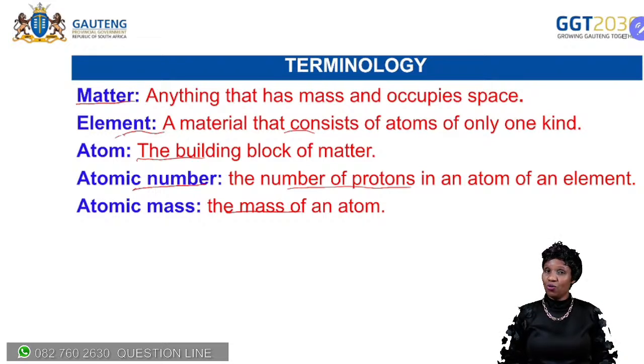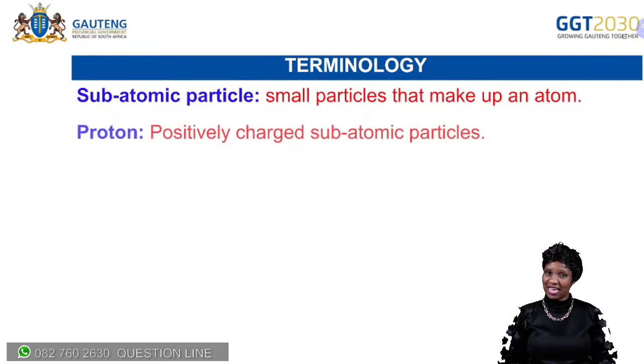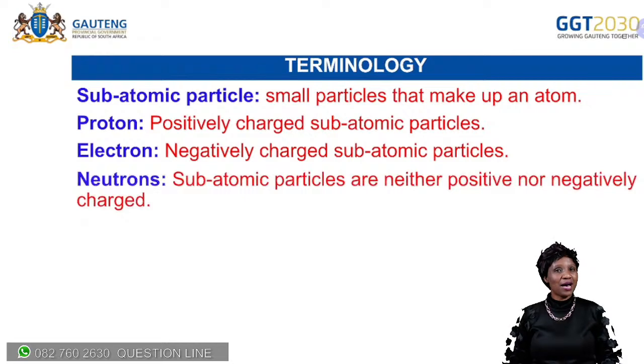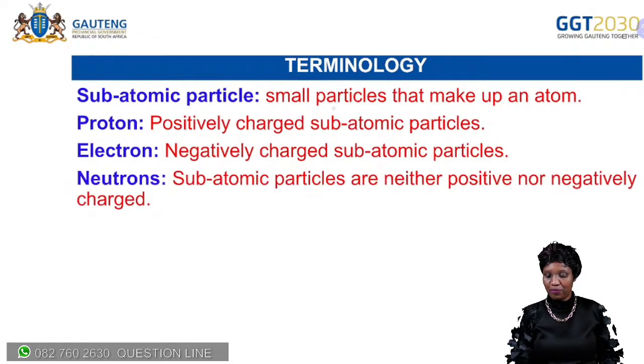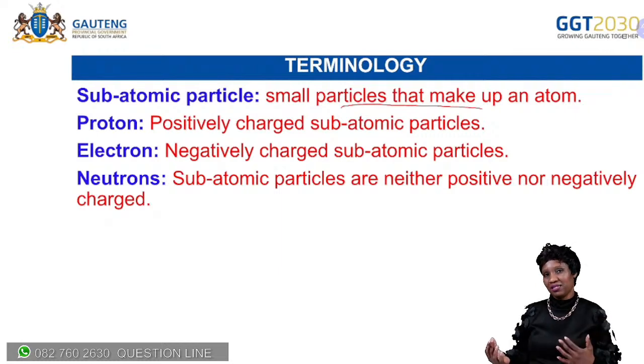And then we've got a lot of terms that we still need to define, grade 8. Let's check the subatomic particle. When we are looking at the subatomic particle, we are looking at the particles that make up an atom. All right. And then what about the proton? This is the positively charged subatomic particle.